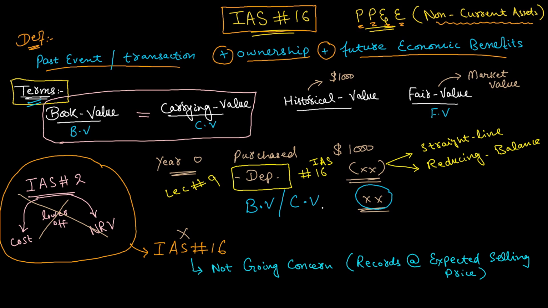And here we have one more point. Let's say the book value of the company's asset was $600. But after some years, the company has sold this asset for $800. Then you can see that the company has earned a gain of $200.